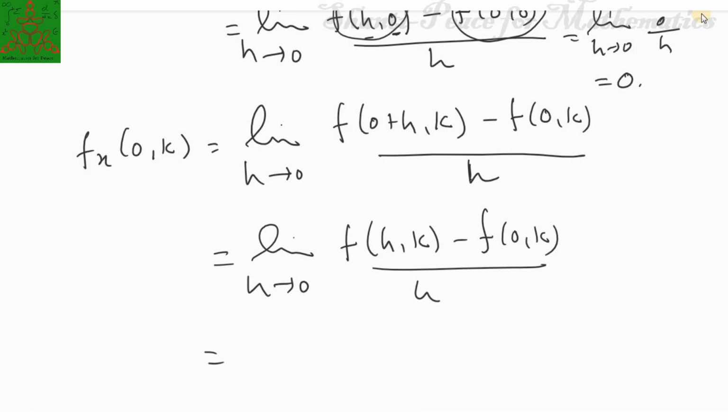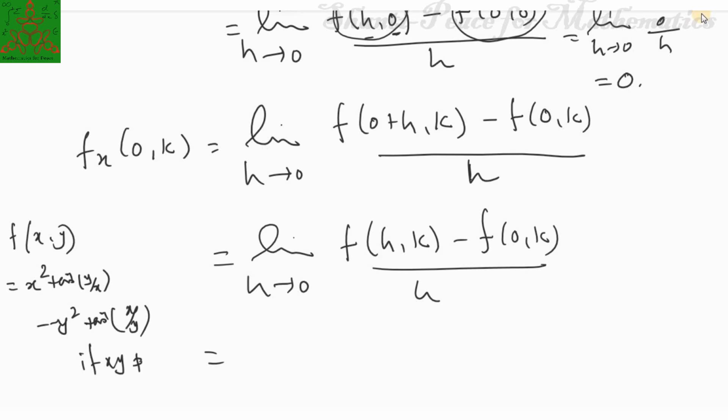As per the definition of the function, f(x, y) is x square tan inverse of y by x minus y square tan inverse of x by y if xy is non-zero. That means both the numbers are non-zero, then this is the definition.